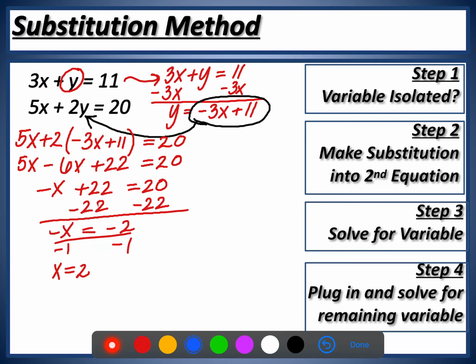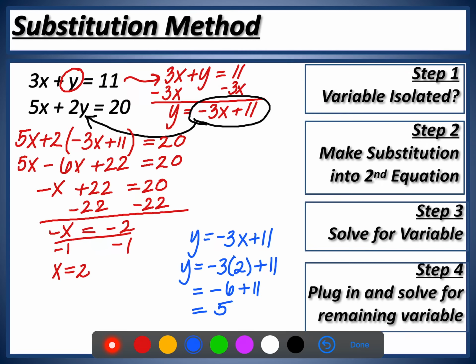So again, I'm going to use my rearranged equation since it's already solved for y. Okay, so my final answer is an ordered pair, 2, 5.